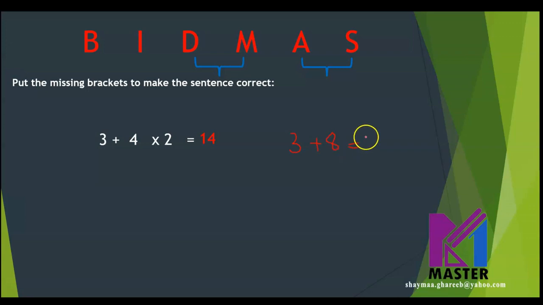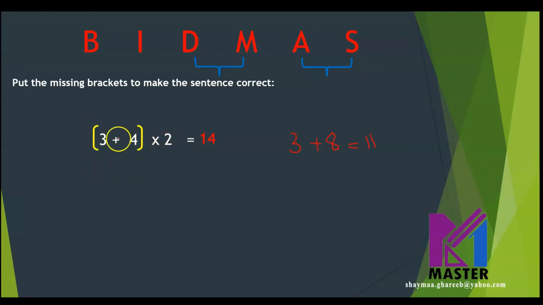But I need to put the bracket in a place or on an operation to make the answer 14, not 11. So where should I put the bracket? Of course, on the addition operation. If we do the addition first, because the bracket includes the addition, I have to start with the bracket.